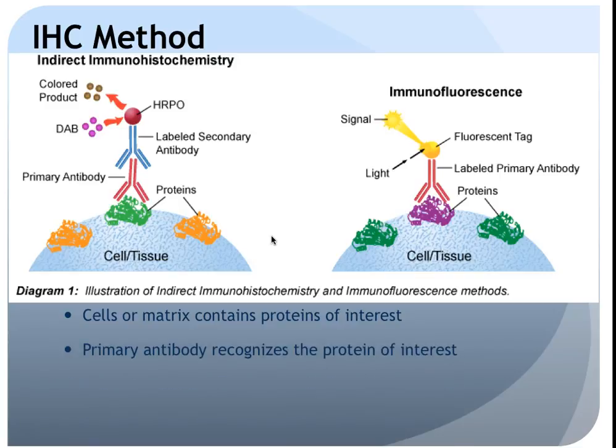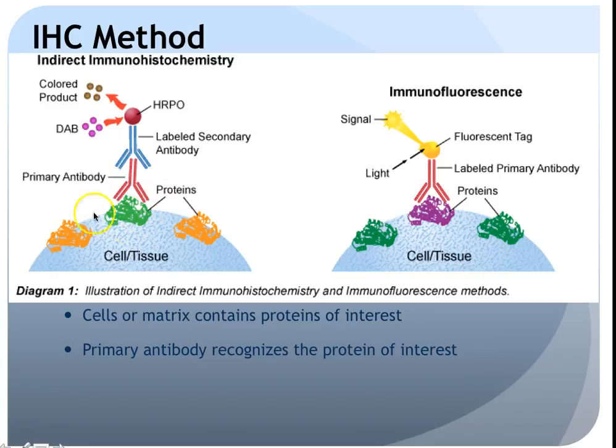But in either case, okay, the first thing we're going to do is we're going to incubate these sections with what we call a primary antibody. All right. Now the primary antibody is the antibody that's actually going to bind to the protein that you're interested in, okay, what we are going to call our antigen, right? The antigen or the protein of interest. So here you can see this primary antibody. We're going to put it in here. It's going to stick to this protein.